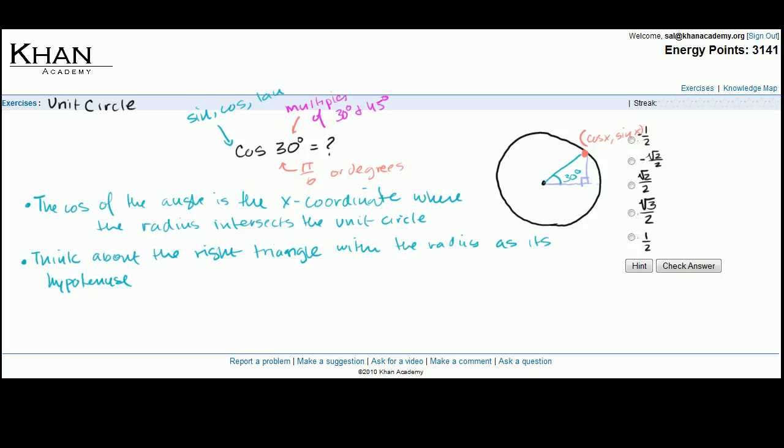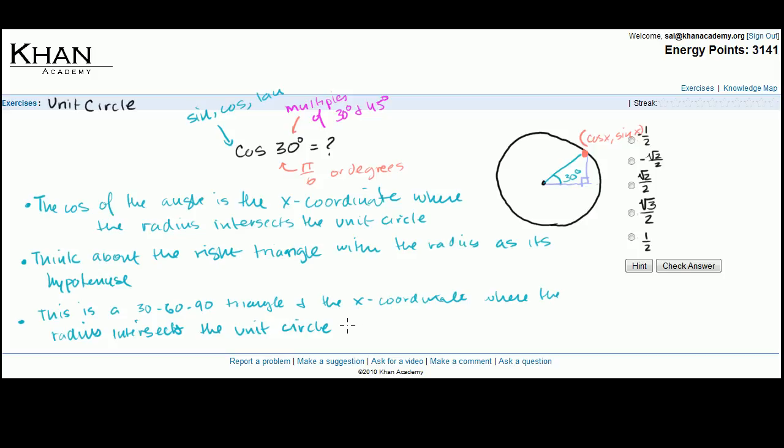And then, if they still don't know how to do it, you say this is a 30, 60, 90 triangle. And the x-coordinate where the radius intersects the unit circle is equal to the length of the side opposite the 60-degree angle.